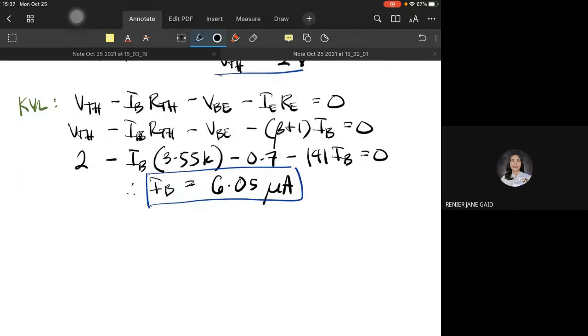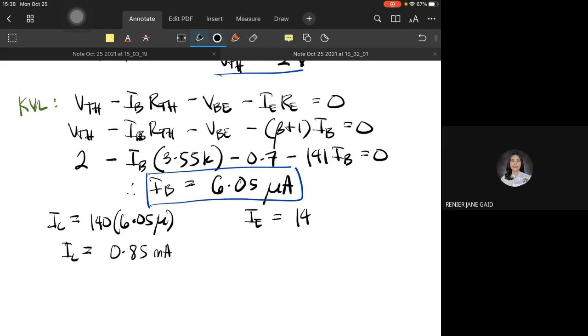So once we get IB, it's easy for us to calculate IC and IE. IC is beta times IB. So beta is 140 times 6.05 microamperes. IC is equal to 0.85 milliamperes.